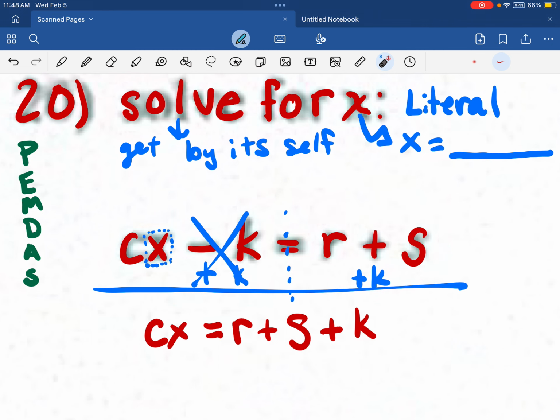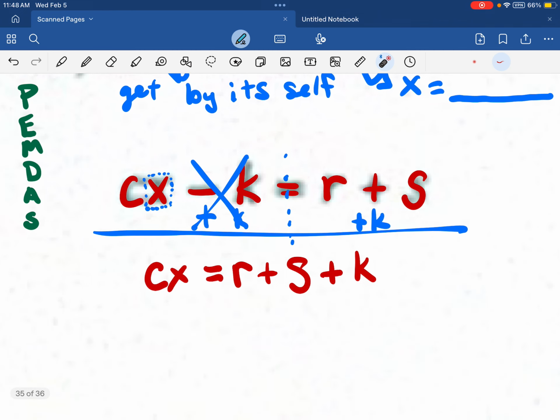Now we're getting really close to being done with this problem. As I look at it, though, it appears X is not quite by itself yet. Here, because they're smushed together, I can assume we're multiplying. What's the opposite of multiplying by C? Dividing by C. So I'm going to divide this by C, and I need to divide this whole side by C. Okay?